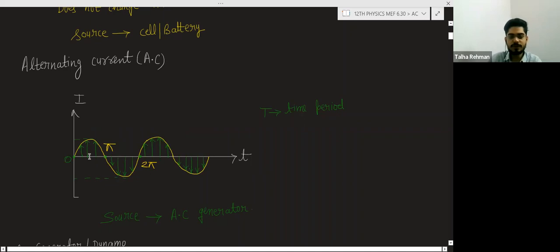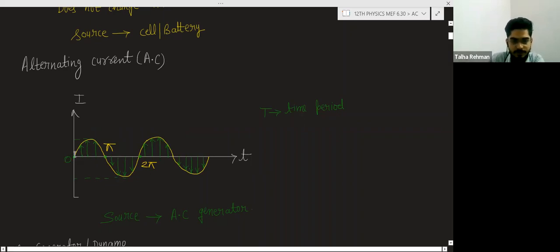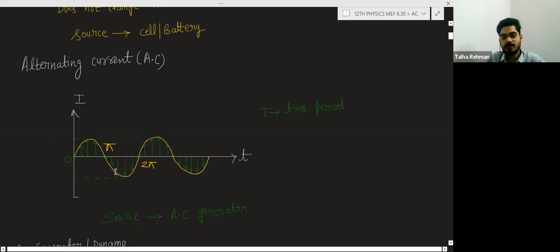Suppose here the current is 0, and at some time here the current becomes maximum. Again, after a certain time the current becomes 0. Here the alternating current is positive, and here it is negative. So basically the direction as well as the magnitude of the alternating current is changing with time.